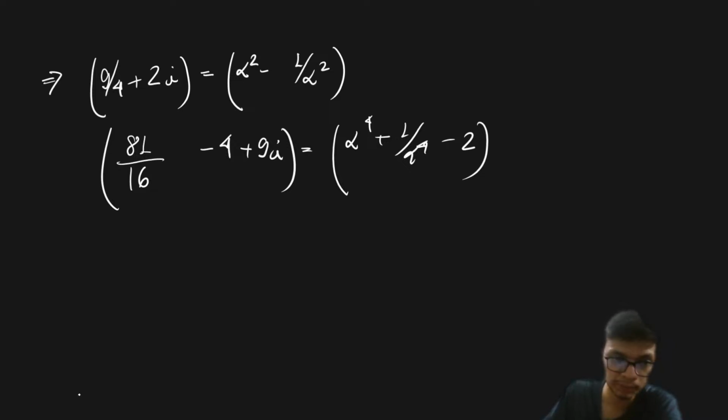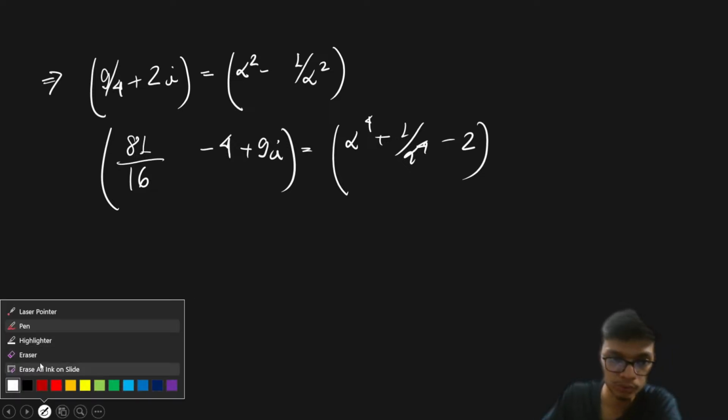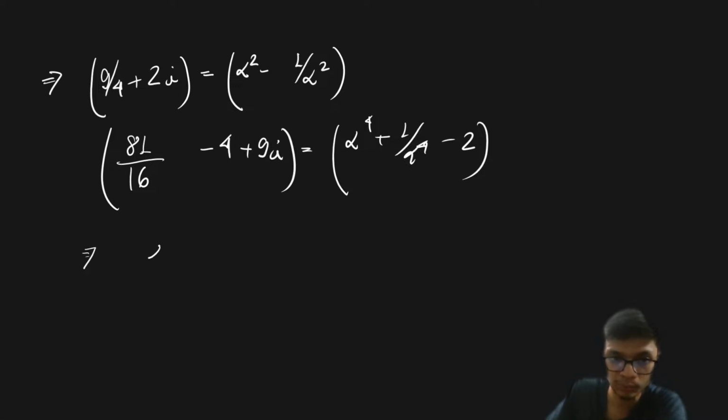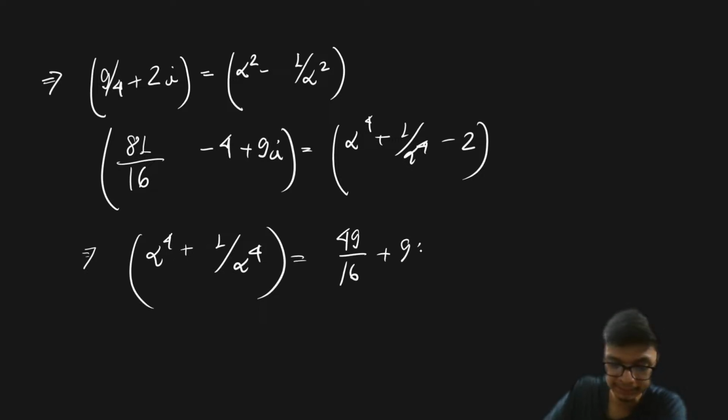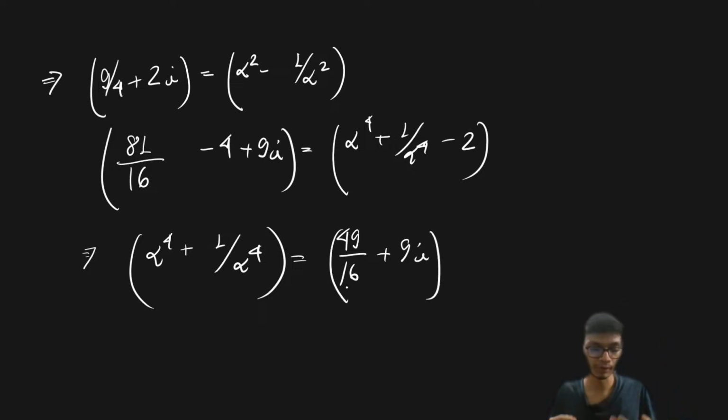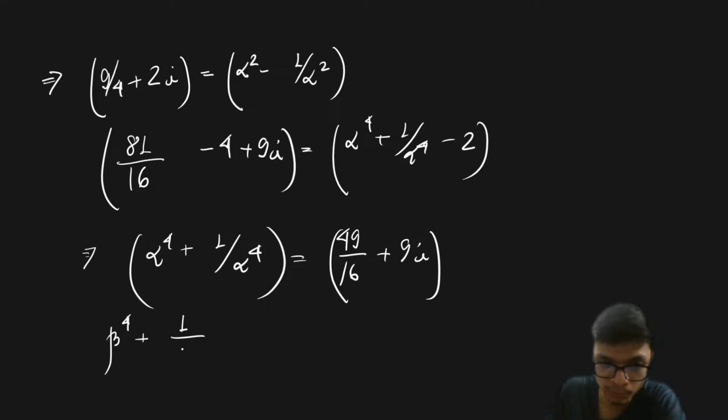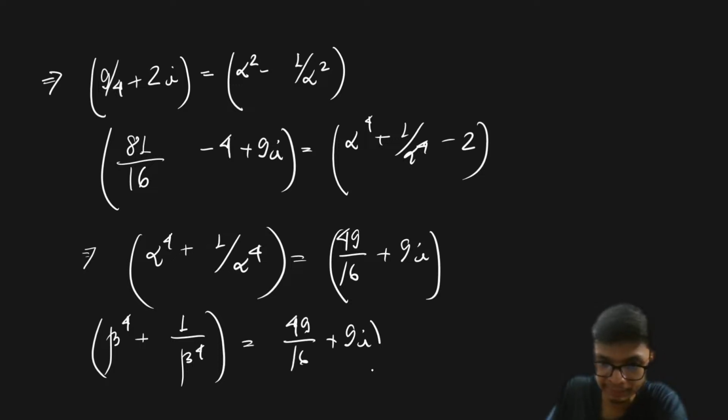If I take this minus 2 to the other side, we have alpha to the power 4 plus 1 upon alpha to the power 4 equals 49 upon 16 plus 9 iota. Similarly, if you substitute for beta, you will have the similar expression: beta to the power 4 plus 1 upon beta to the power 4 equals 49 upon 16 plus 9 times iota.